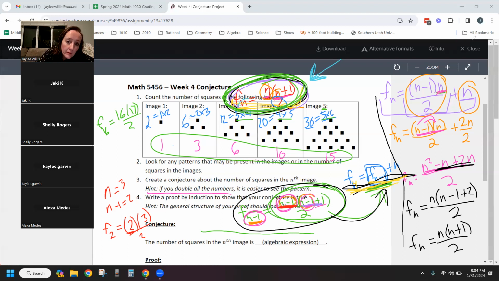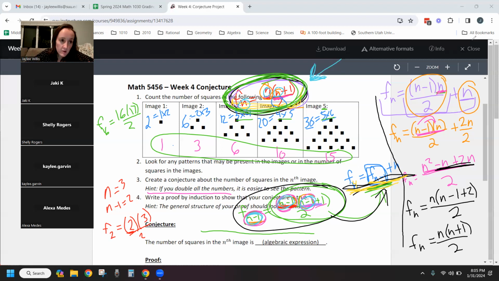So basically, we replace all of these n's with n minus 1's. That's why we have an n minus 1 here, an n minus 1 here, and n minus 1 here. So it's literally just an assumption. You don't have to prove that it's true. You're assuming that it's true, and you're using that assumption to prove everything else.